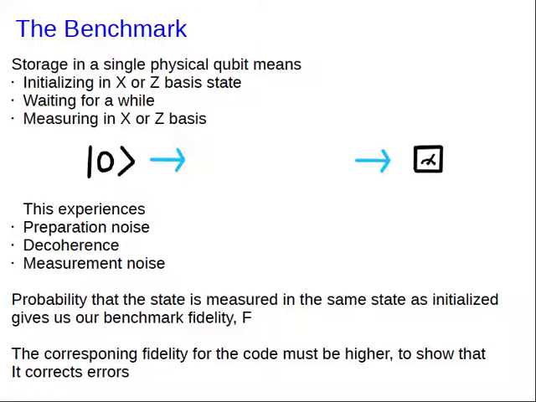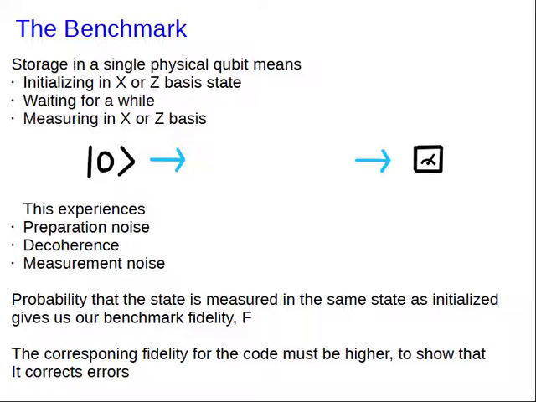And then we take the data from over here and say, what is the probability that the 0 state that we prepared is what we read out? And then similarly over here, we look at the probability that the 0 state we prepared is the one we read out.